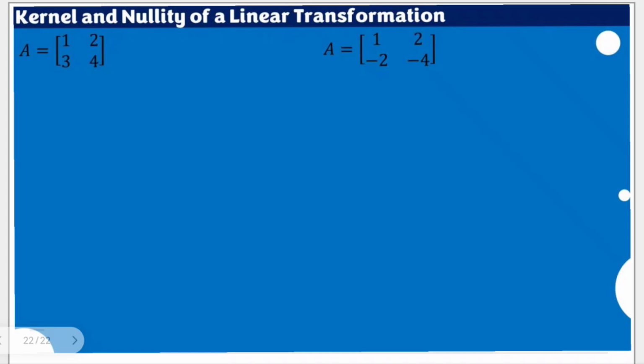Now, the kernel of this linear transformation, again, is a set of vectors which could come up with the zero vector. But since this is a matrix, we need to come up with this situation here. Let's say the transformation of vector v is equal to A times a certain vector v.